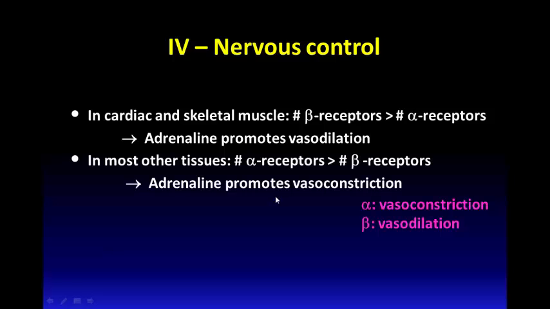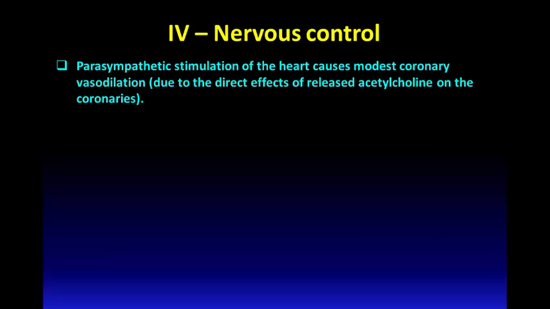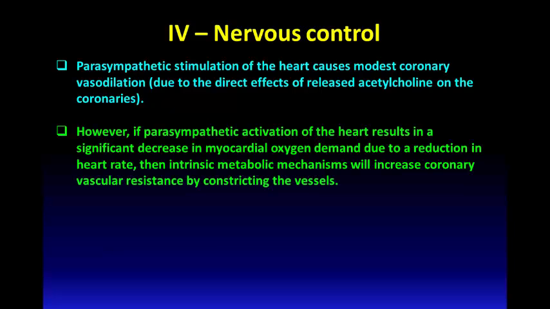In most other tissues, the smooth muscle cells of the arterioles have more alpha-1 receptors than beta-2 receptors. Thus, epinephrine promotes vasoconstriction. Parasympathetic stimulation of the heart causes modest coronary vasodilatation due to the effect of the released acetylcholine on the coronaries.